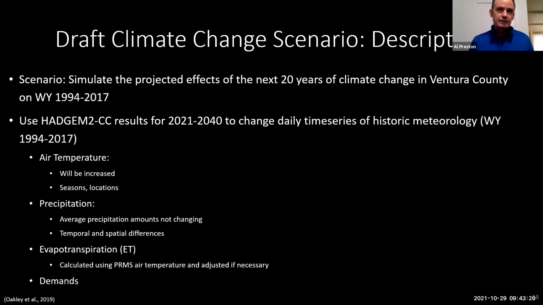Then we have some scripts that use the PRISM data to interpolate that spatially onto the watershed, and we can rerun the model. We're doing that because we want to capture the changes in the variability of the precipitation across the watershed, and there were some small differences spatially.